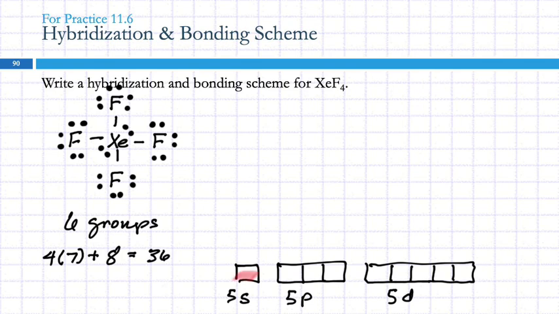So I'm going to take this one, 1, 2, 3, 4, 5, 6. So the hybridization then is sp3d2, because I'm going to use the S orbital, all 3 P orbitals, and 2 of the D orbitals. Any questions about that?